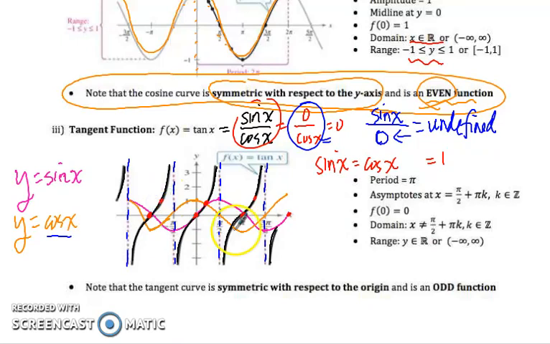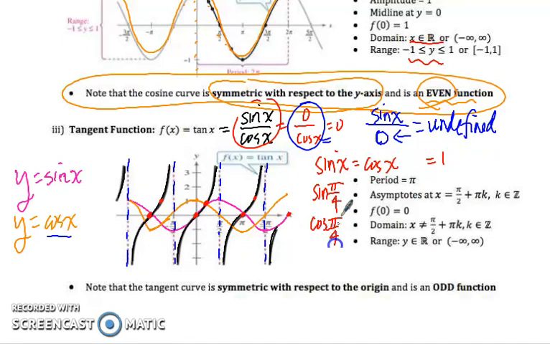Then over here on the left-hand side, when they have the same y value but opposite signs, so a positive y value, a negative y value, which happens at pi over 4, right?